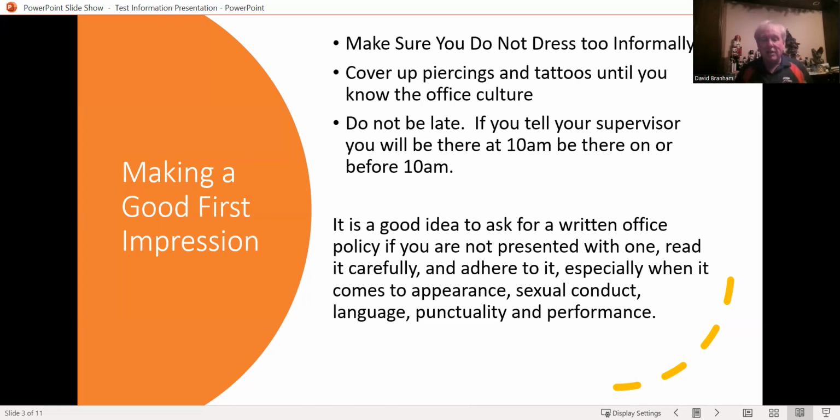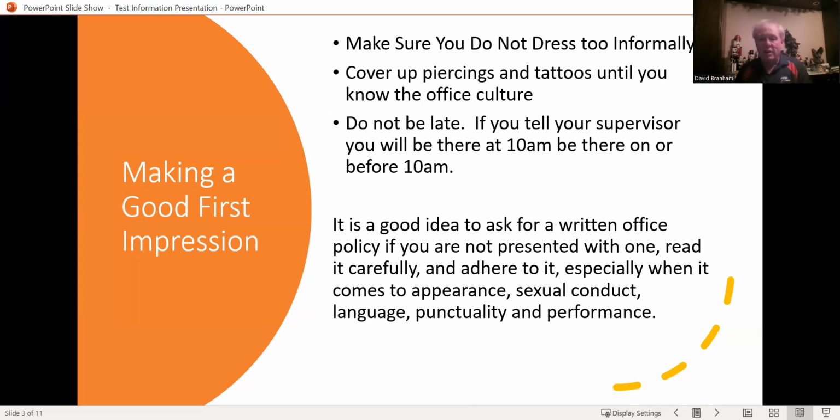It's a good idea also to ask for a written office policy if you're not presented with one. If you are presented with one, make sure you read it carefully and adhere to it, especially when it comes to things like what to wear, your appearance, sexual conduct, language, punctuality, performance, all those things.